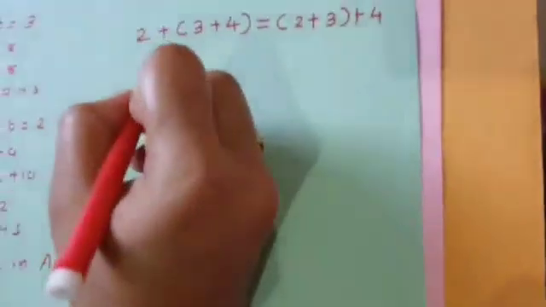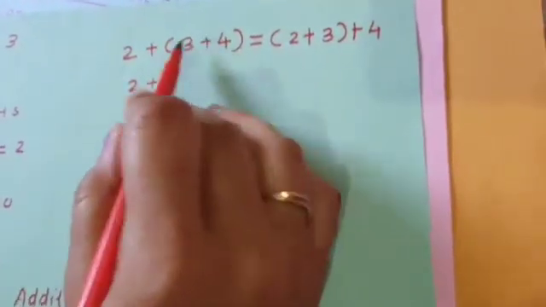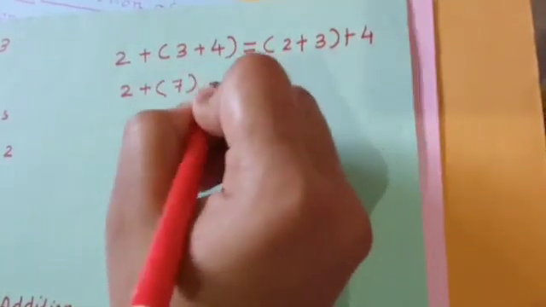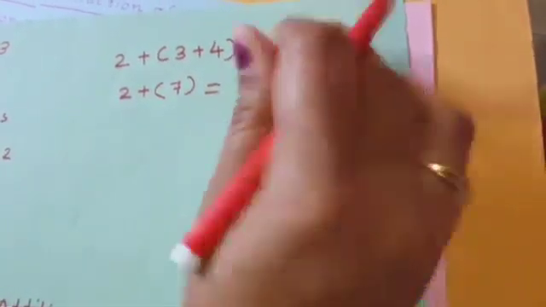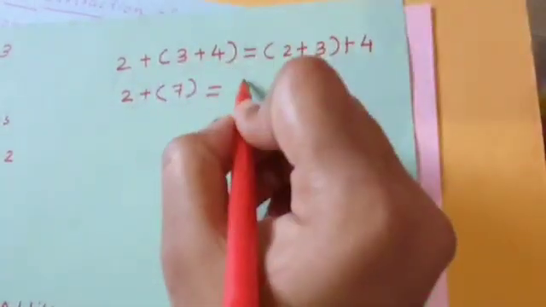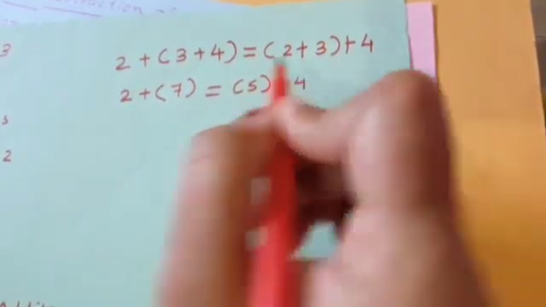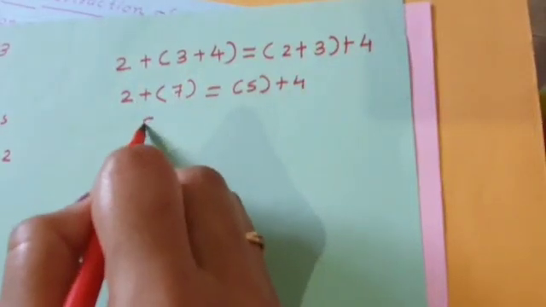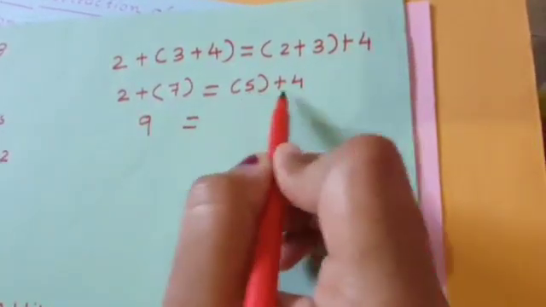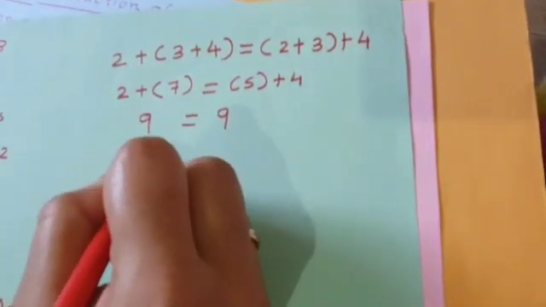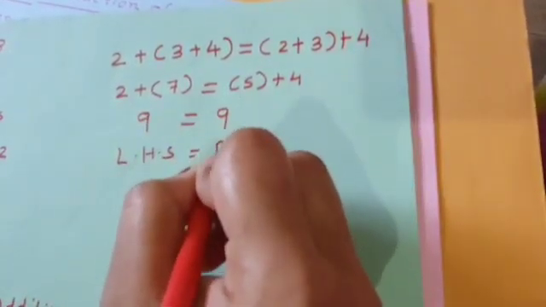So now first of all we will solve the value in the bracket. 3 plus 4 is equal to 7, and on the right hand side the value in the bracket is 2 plus 3 is 5, plus 4. So 2 plus 7 is equal to 9 and 5 plus 4 is equal to 9, and we prove LHS is equal to RHS.